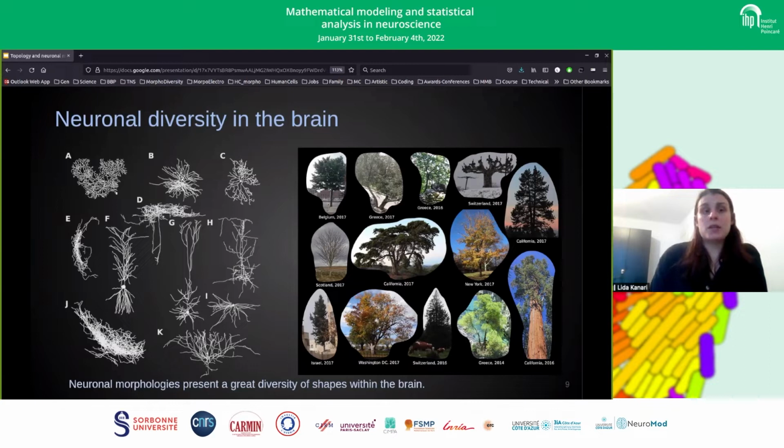Here on the left, you see examples of different shapes of morphologies within the brain. And as I mentioned before, you can have very, very different branching patterns. So this is somehow similar to the botanical trees that we see in nature. And as we have a very large diversity of trees in nature, we have a very large diversity of neural morphologies in the brain.